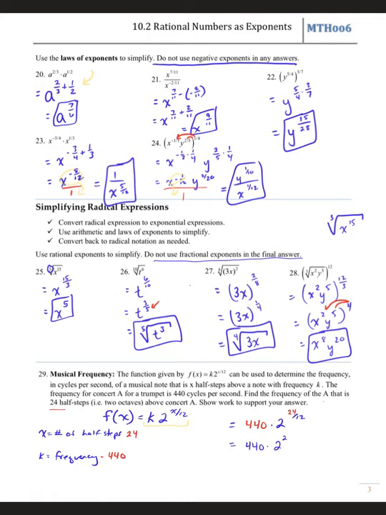Now think of your order of operations. We always want to simplify exponents first here. So we have 440 times 4, and then we do that, we get 1760, and this would be cycles per second. We know this because it says to determine the frequency in cycles per second.